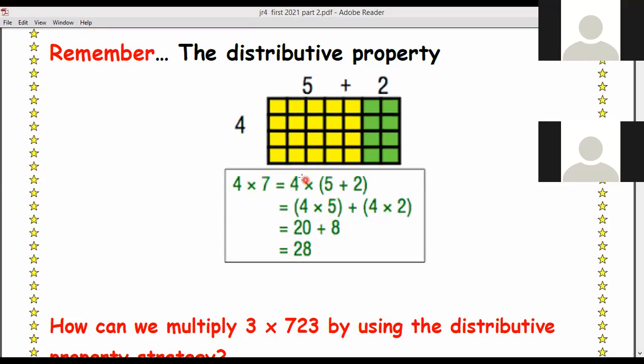Now I'm gonna make 4 times 5 one time and 4 times 2 the second time. That means I distribute this 4. So 4 times 5, the answer will be 20. And 4 times 2 will be 8. So 20 plus 8 will be 28.